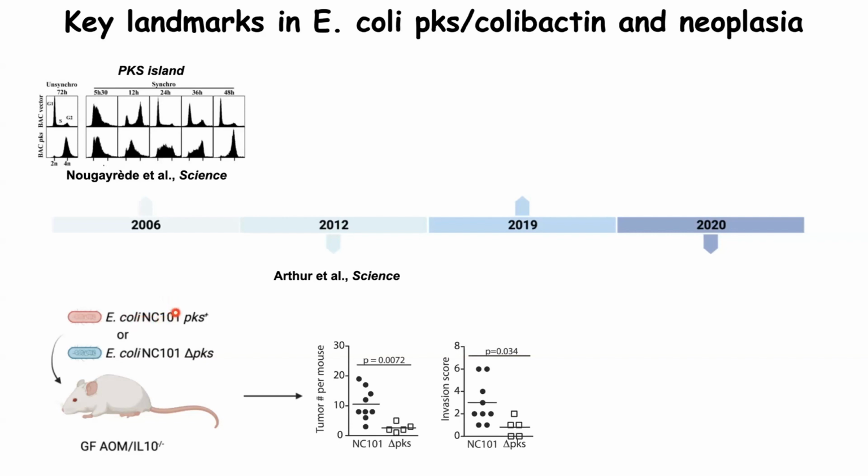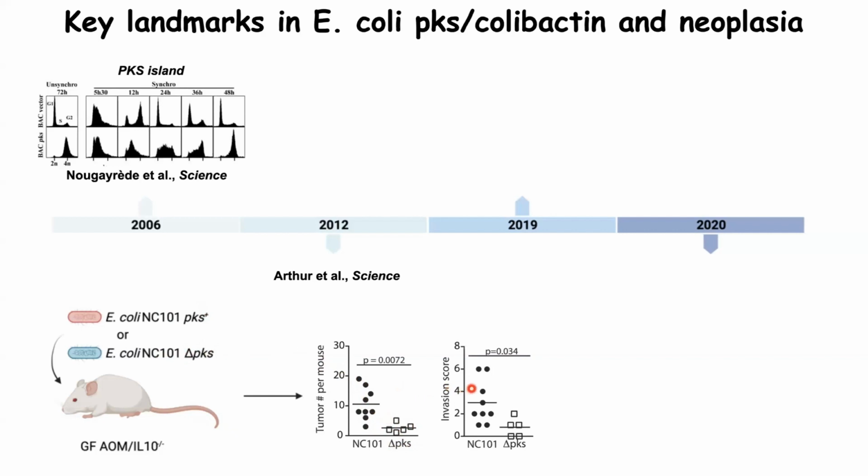What we discovered is that if you associate a germ-free mouse susceptible to colitis, which is IL-10 knockout, IL-10 being an immunosuppressive molecule, with NC101 pks positive, which is capable of producing colibactin, or an isogenic mutant NC101 that is deleted for pks, so there's no genotoxin capacity, and then you look at tumor development, you could see that the mice associated with E. coli that cannot produce colibactin have fewer tumors than the ones that could.